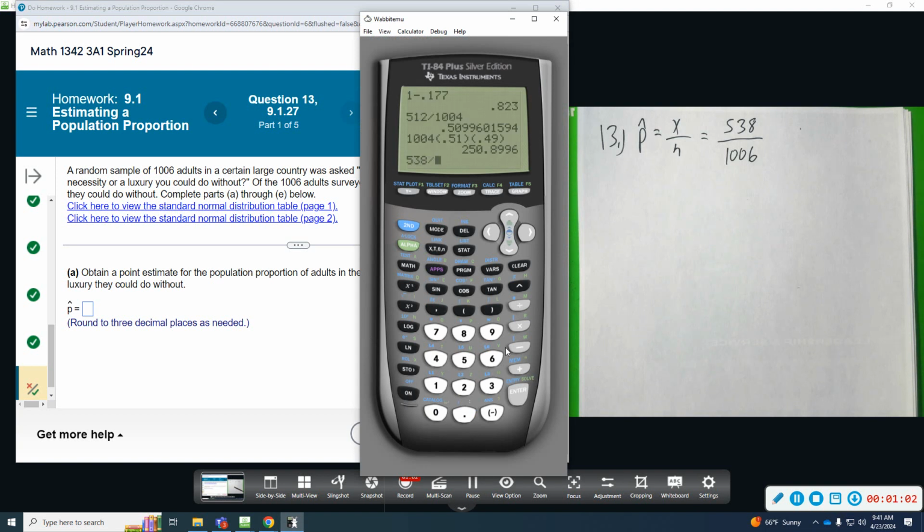We're going to round to 3 decimal places, so 0.535.